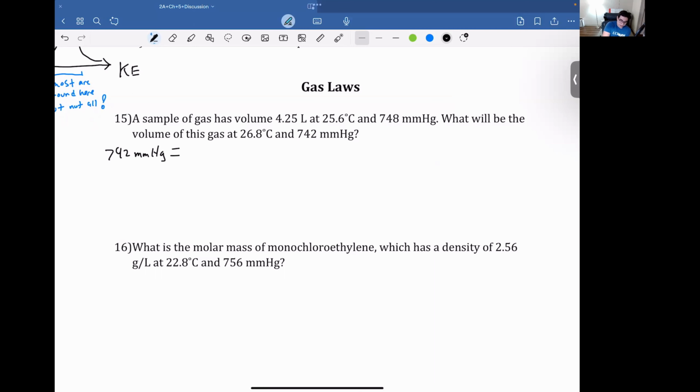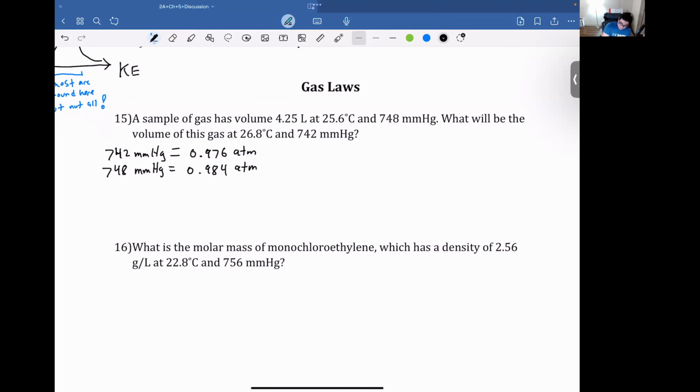I'm not going to write out the conversions since we did that in the beginning. I'm dividing by 760 here. This is 0.976 ATM. There's 748. That's 0.984 ATM.